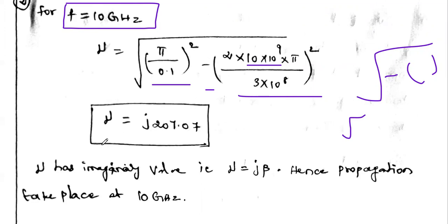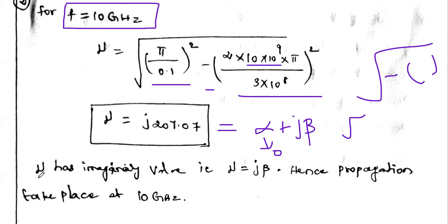According to this, the propagation constant is alpha plus j beta. Comparing, here the propagation constant becomes purely imaginary. Purely imaginary means alpha becomes 0, that means the attenuation becomes 0, so 100% propagation takes place.